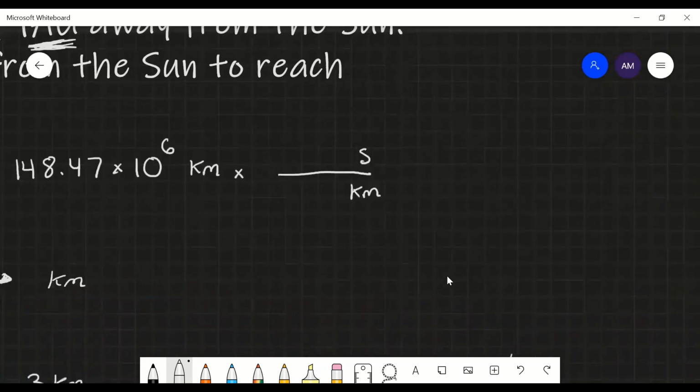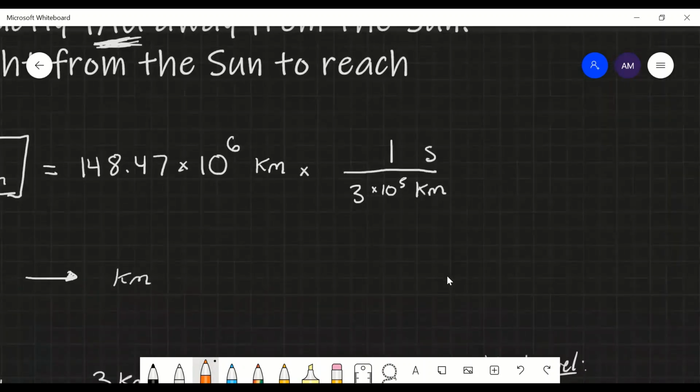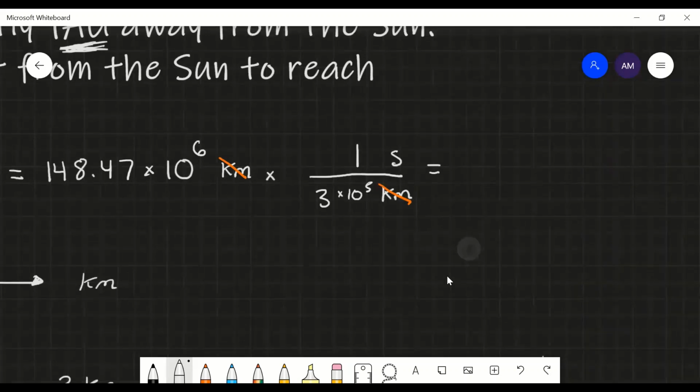Or that's how long it takes to travel 3 times 10 to the 5 kilometers. It takes 1 second. This is going to be pretty nice because the kilometers now cancel. And the 10 to the power of 6 and 10 to the power of 5, I'm going to put those aside for a moment. You'll see that there's a lot less work that we need to do than you'd expect.